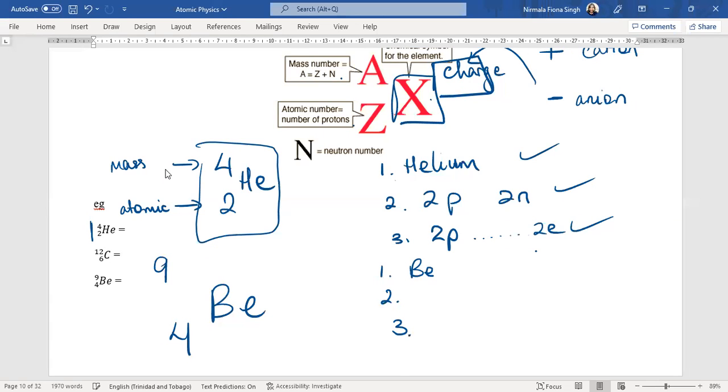How many protons are there in beryllium? 4. All right, so we have 4 protons. How many neutrons do we have in beryllium now? 5. 5 neutrons. All right, so it's just a game of adding and subtracting.